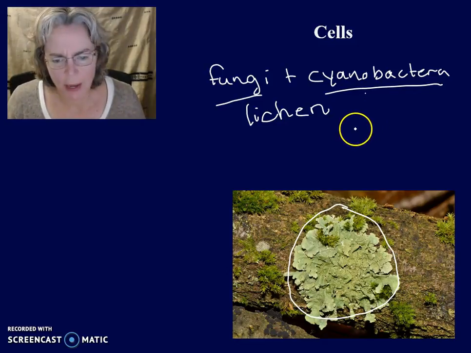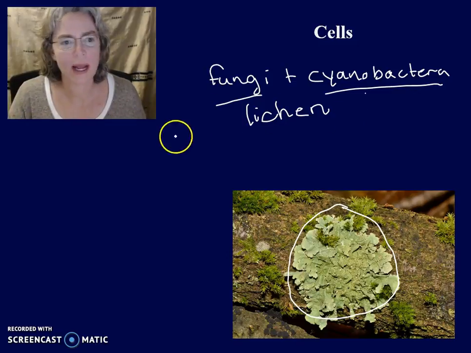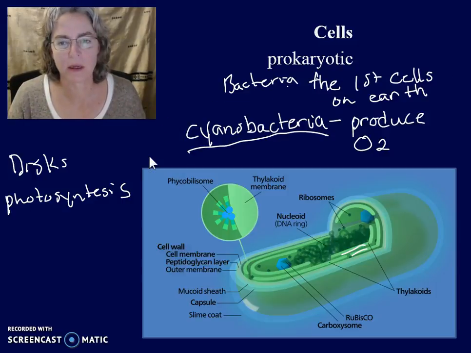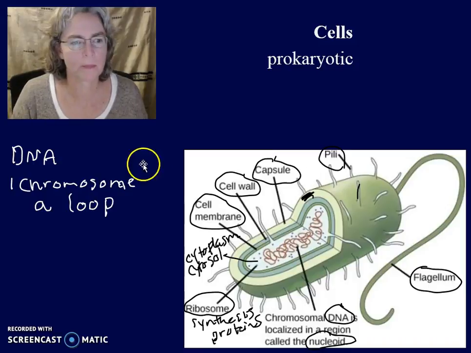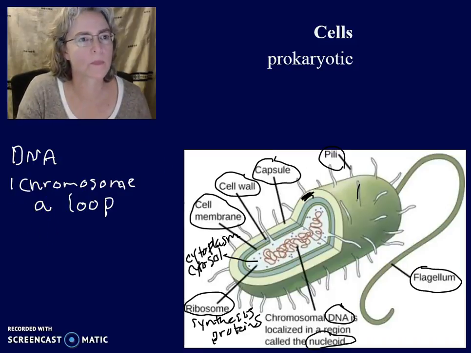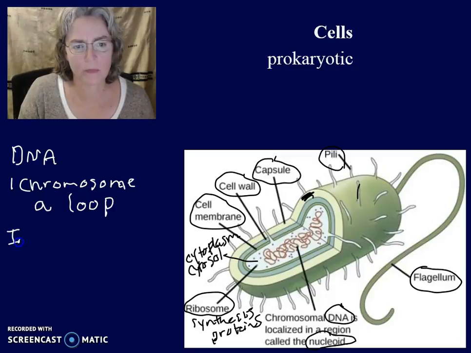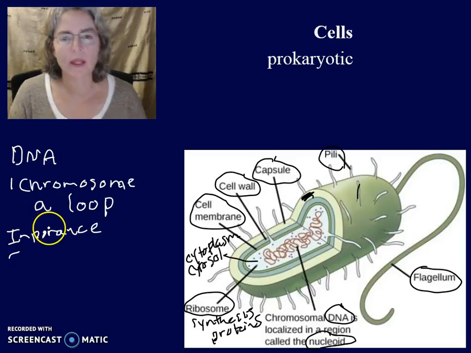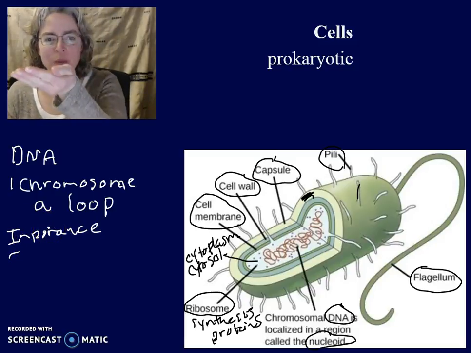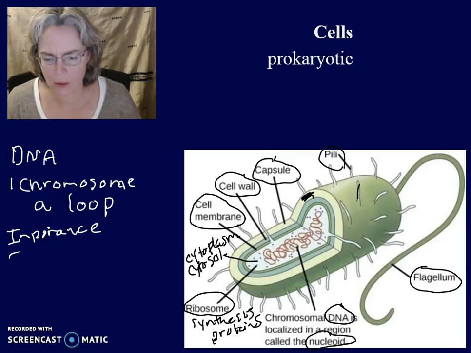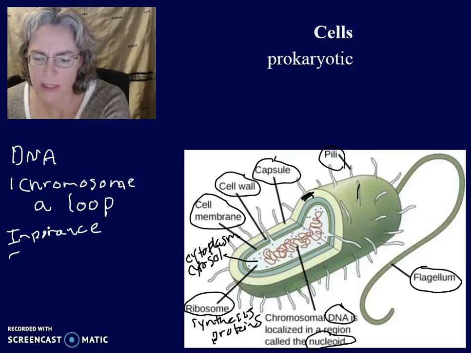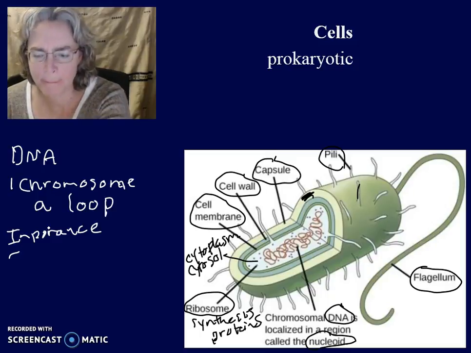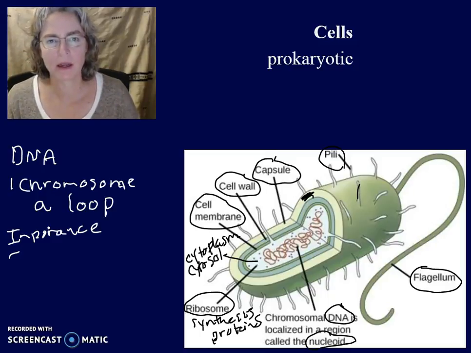So what else? Bacteria. Why is bacteria important? So what's the importance? Well, in 1 teaspoon of soil, there could be as many as 100 million to 1 billion bacteria cells.